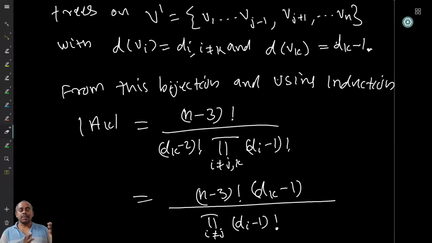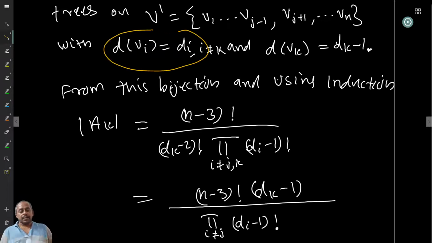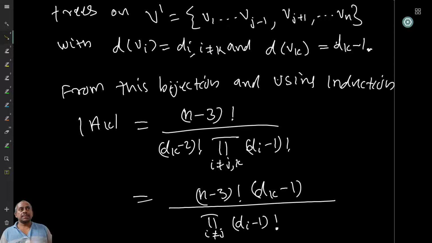So for i not equal to k, degree of vi is actually equal to di. Now, once you observe this, what happens to degree of vk? Degree of vk changes exactly by 1. It reduces by 1, because we just removed one of its neighbors. So it is going to be dk minus 1.